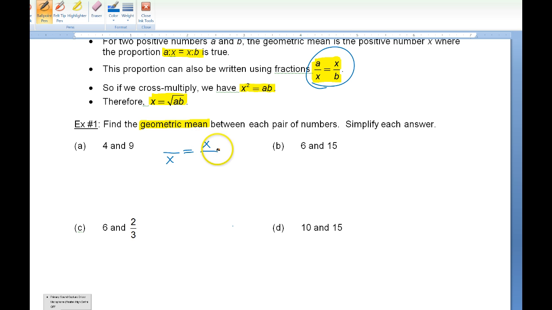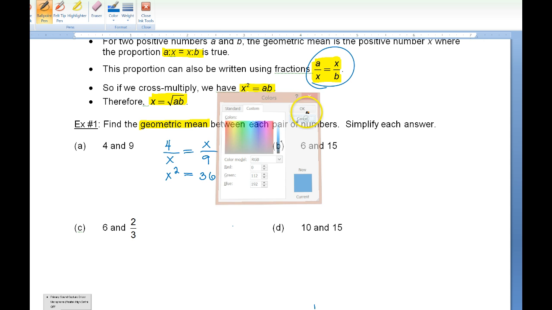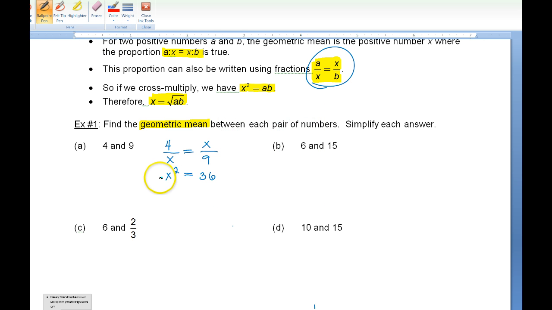So x is the geometric mean between 4 and 9. And honestly, it doesn't really matter where you put the 4 and the 9 as long as they're diagonal to each other. So we cross multiply, we get 36. And then when we take the square root, we get x equals, now normally this would be x equals plus or minus 6.